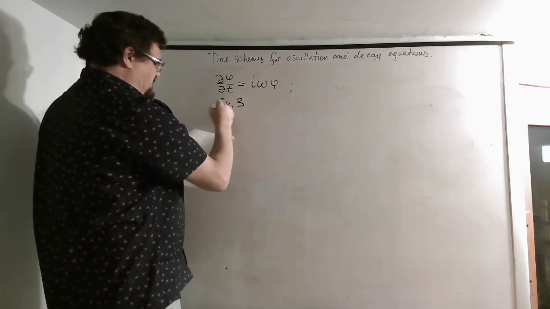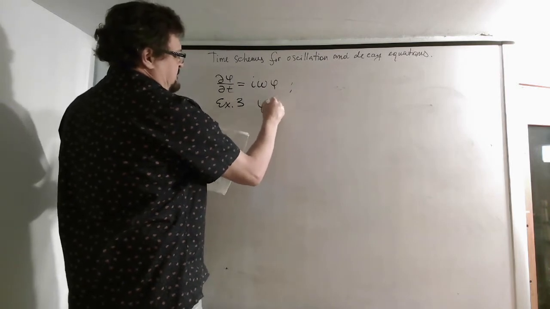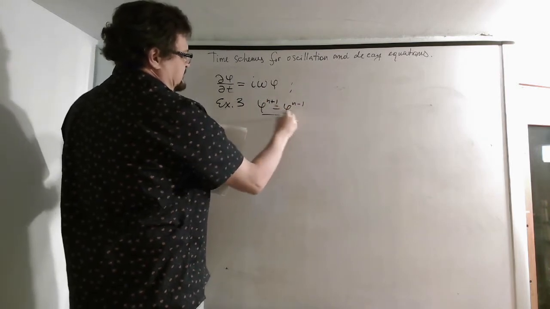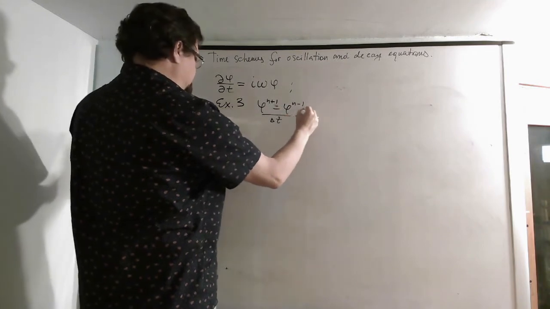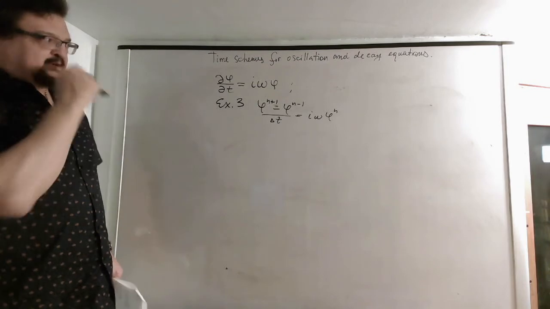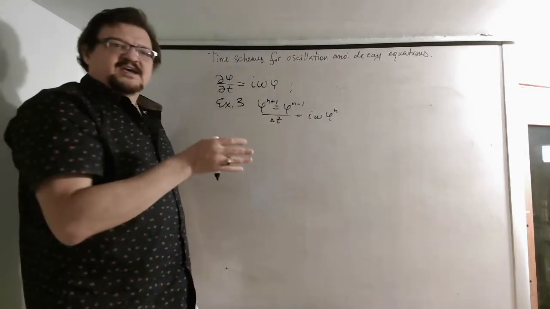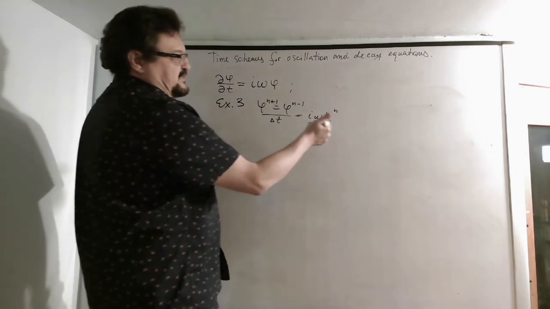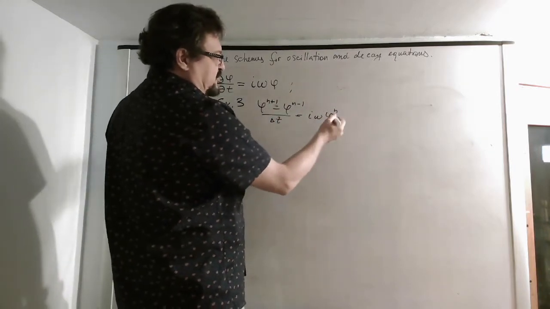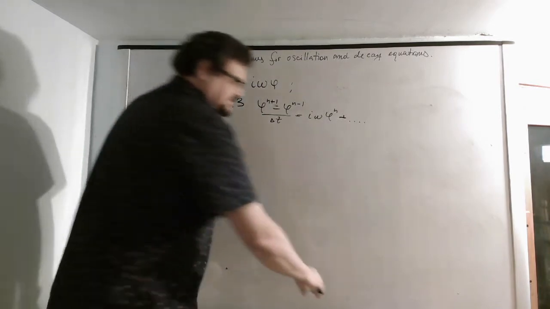Phi n plus 1 minus phi n minus 1 divided by delta t equals I omega phi n. So don't forget, we consider it as a separate equation, but in reality, when we use leapfrog, we have some other terms here, diffusion, advection, and so on.